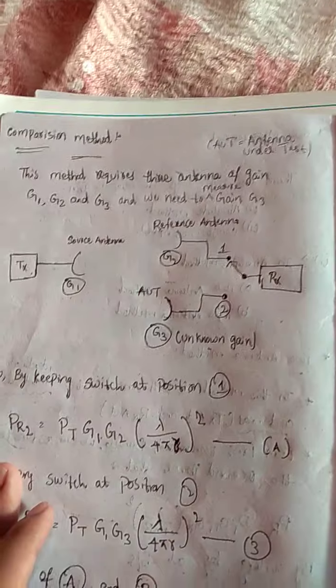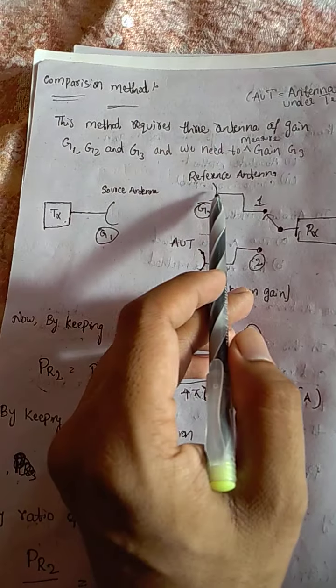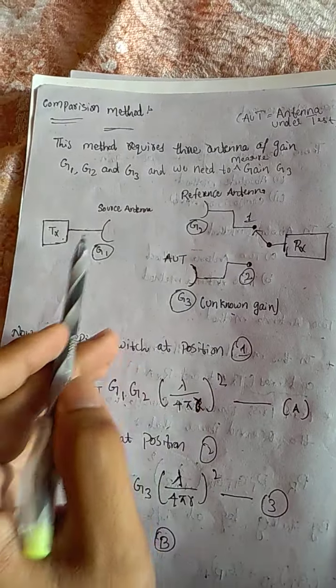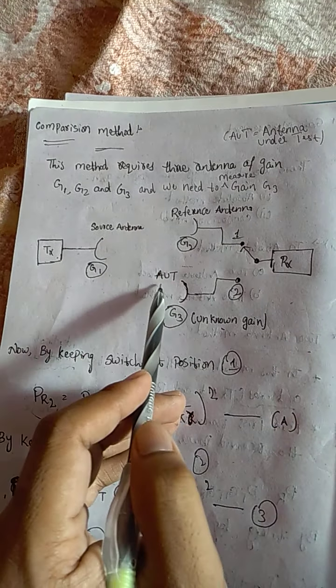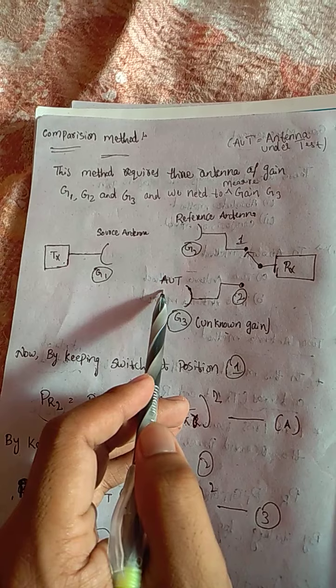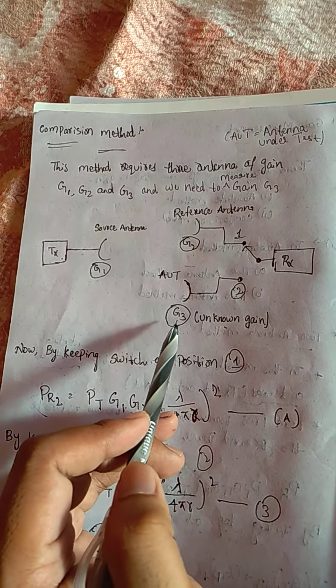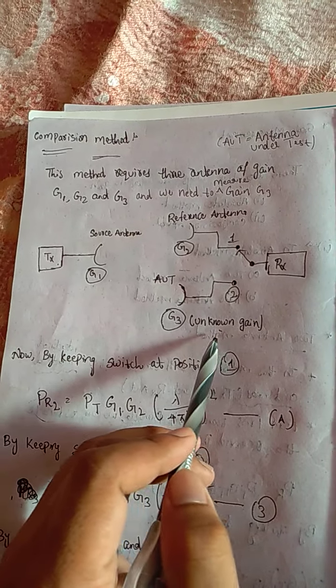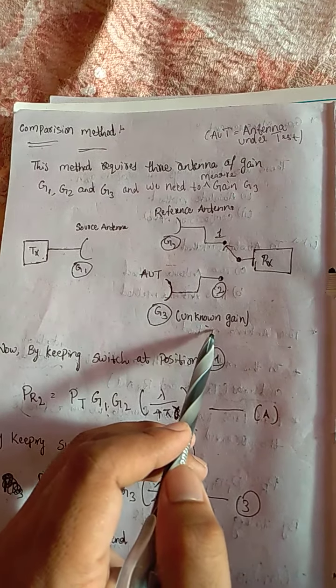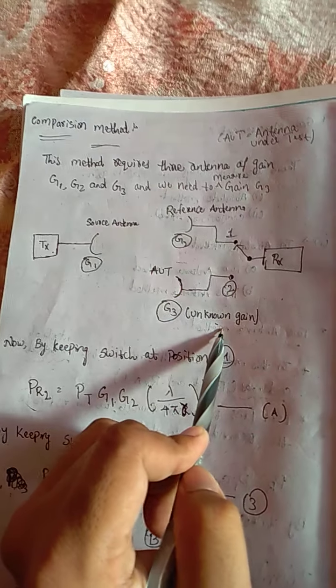Then we have three antennas: source antenna, reference antenna, and AUT. The source antenna gain is G1, the reference antenna gain is G2, and AUT, antenna under test, has gain G3. This particular gain is unknown to us, and we have to estimate it here.